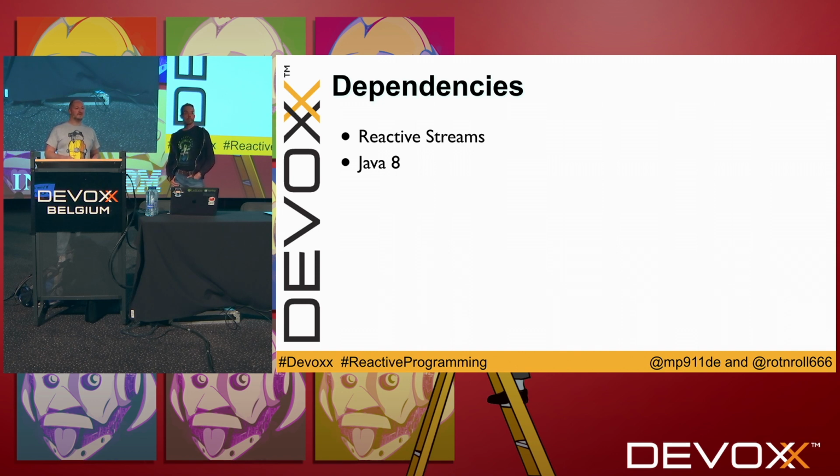With Java 9, the Reactive Streams specification went into the JDK. So we could also have said, okay, we want to rely on Java 9 to be fully dependency-free, but this would really have raised the bar of accessibility, and that's why we decided to stick with Java 8 as a baseline. And also given that most implementations of Reactive Streams require Java 6 or Java 8, it is probably the right thing to do.